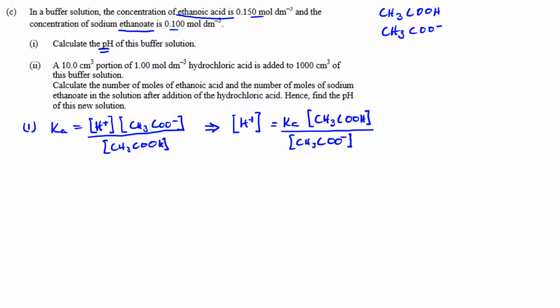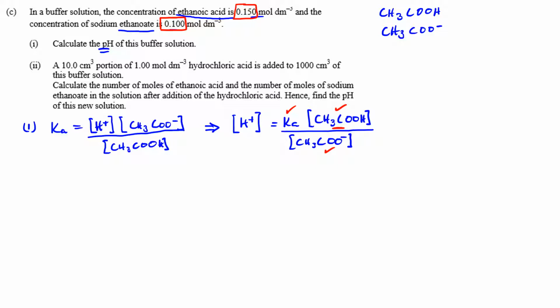Earlier in question 3 you were given Ka, and your ethanoic acid concentration here has been given, that's 0.15, so that's this number here. Our ethanoate ion concentration, we're going to assume that's fully dissociated, of course, so that is here.